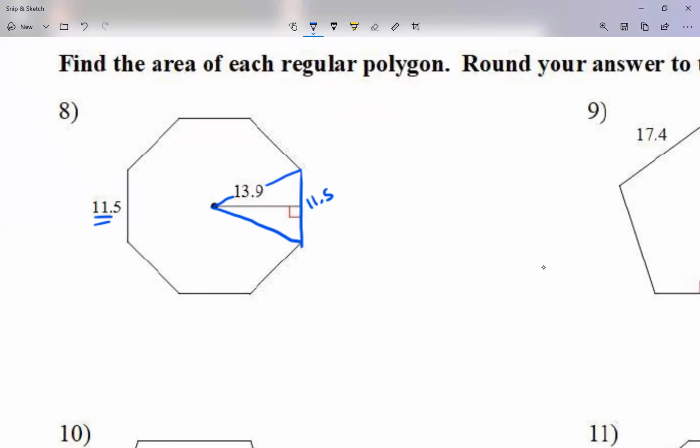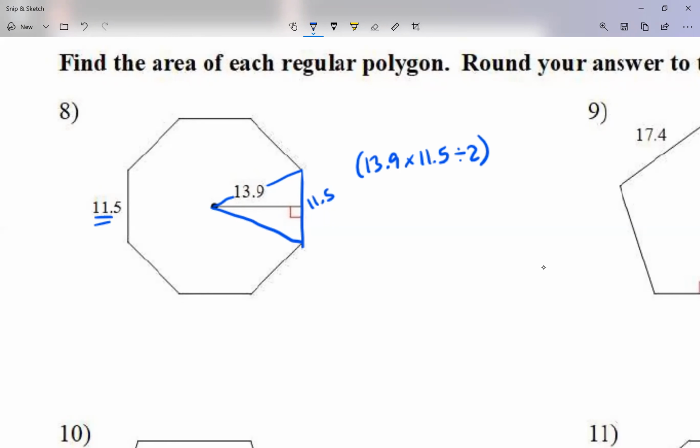So if I wanted to know the area of this blue triangle, I will go 13.9 times 11.5, and then divide my result by 2. That's how we get the area of a triangle.